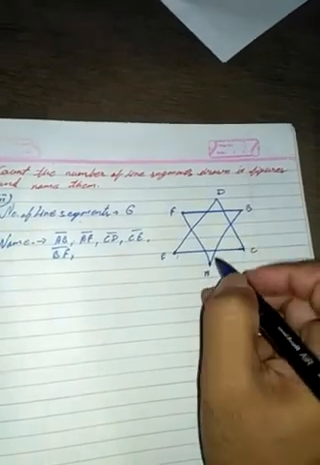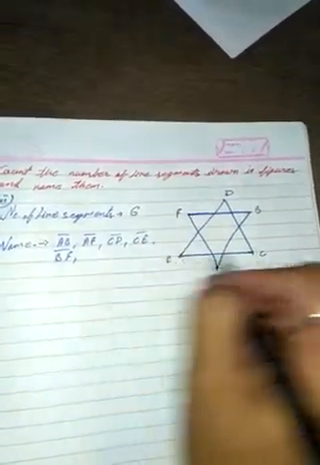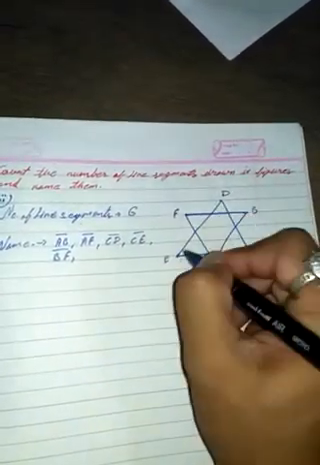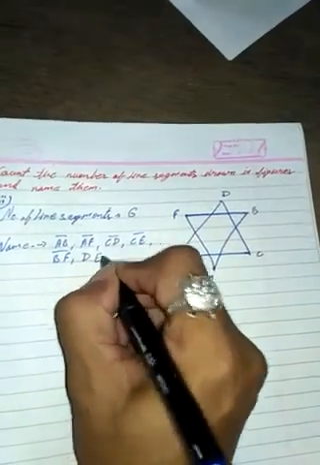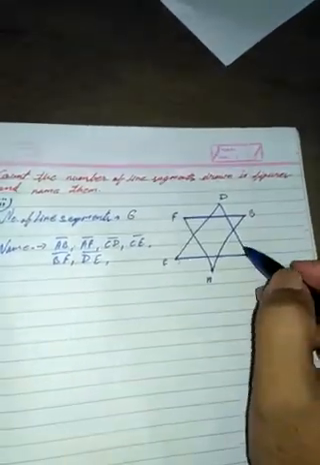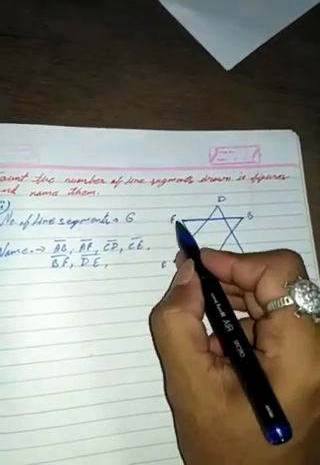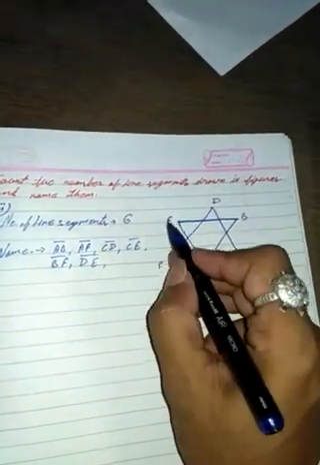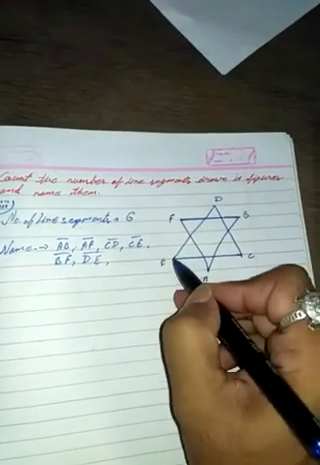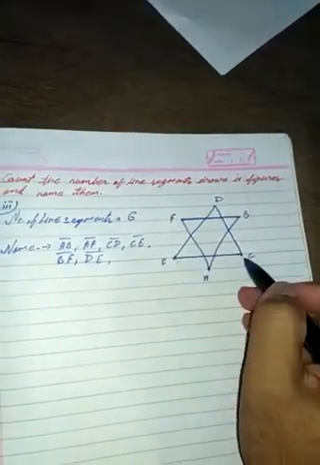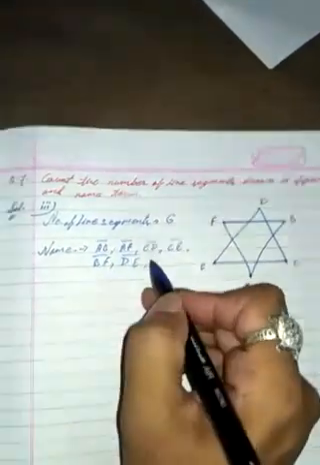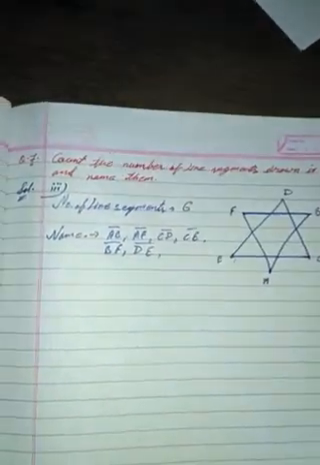Okay. Then DE, then FB is repeated and FA is repeated, then ED, then EC. Now these are 6 line segments.